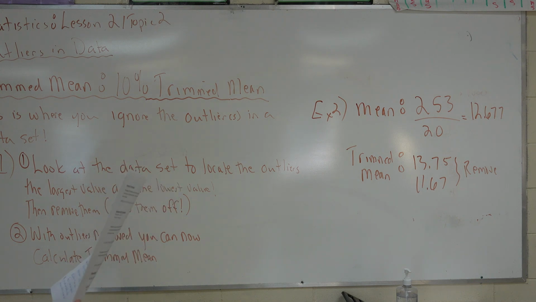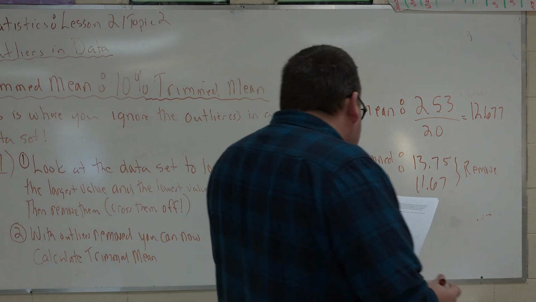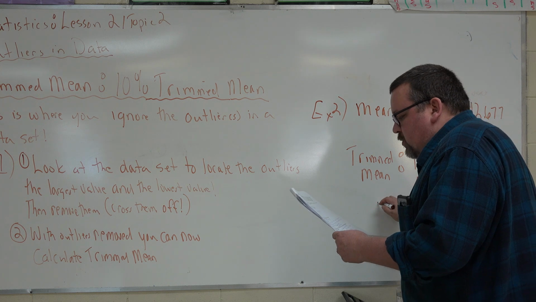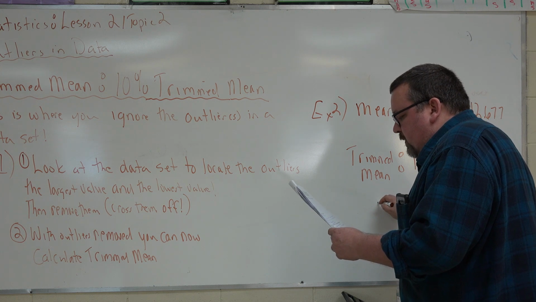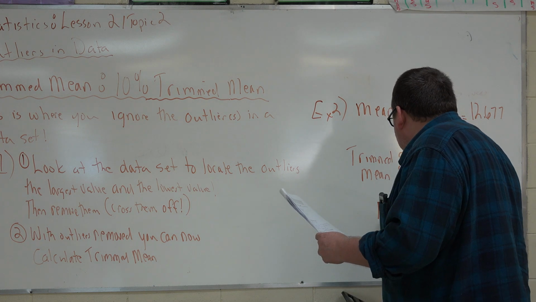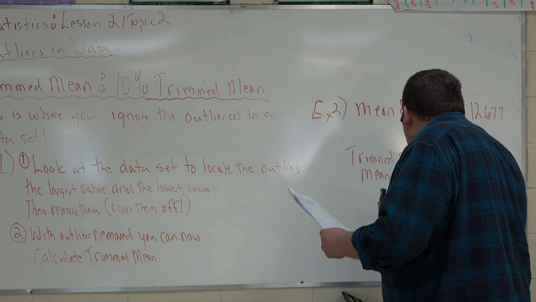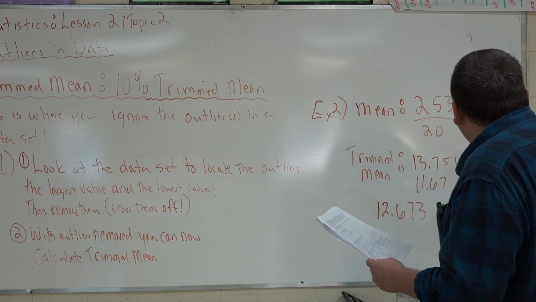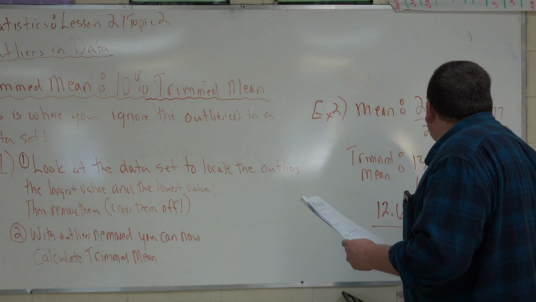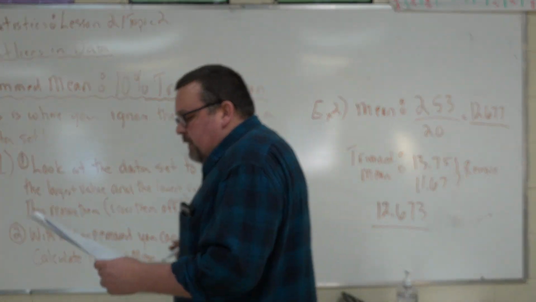If we look at what we have now, for example 2b, your trimmed mean should be along the lines of 12.67, I do believe, 12.673. The original value with the outliers in it was 12.677.